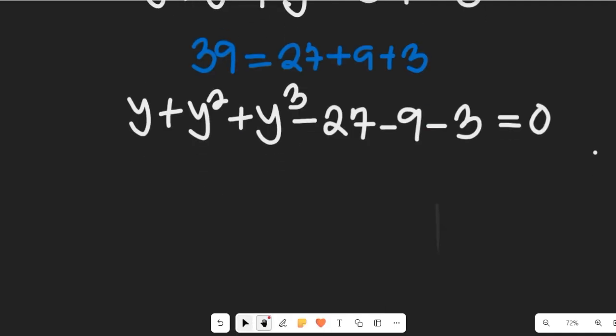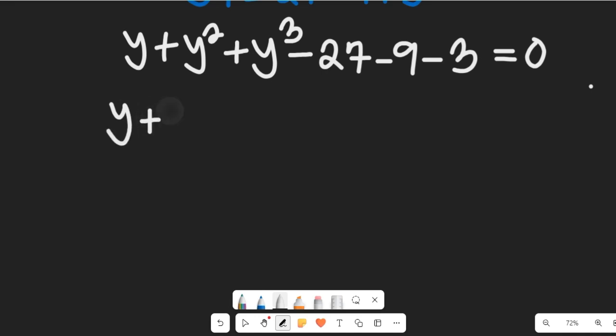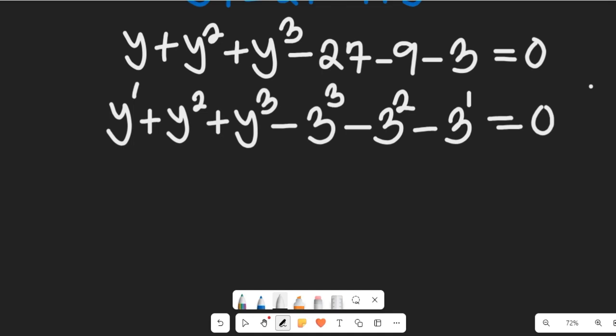Great. Now in the next step, I have to simplify. The way I simplify is such that I'll look for the power of all these, so that the expression can now be in power form: y plus y squared plus y to the power of 3, minus 3 to the power of 3, which will give me 27, minus 3 to the power of 2, which will give me 9, minus 3 to the power of 1, to be equal to 0.